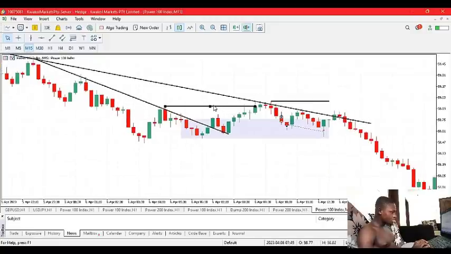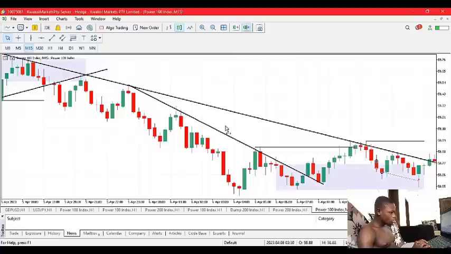So let me straighten this line. This is on the MetaTrader, so it wouldn't be as smooth to maneuver through as the normal TradingView. But regardless, this is where I got my break of structure right there. This was where I got the first confirmation, and this was why I was looking to buy.